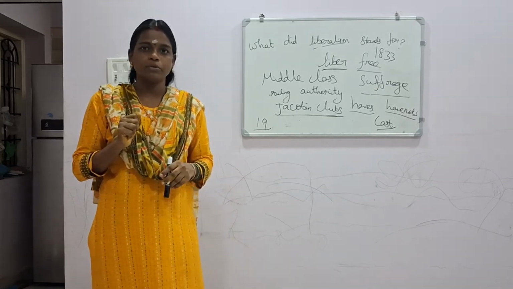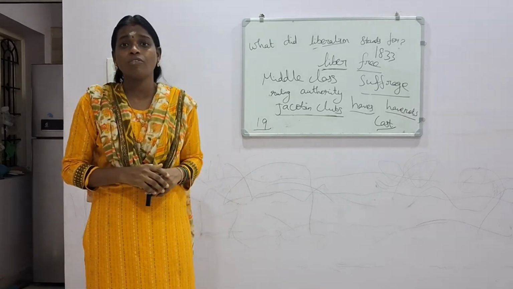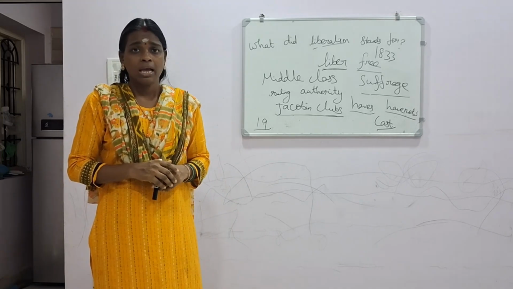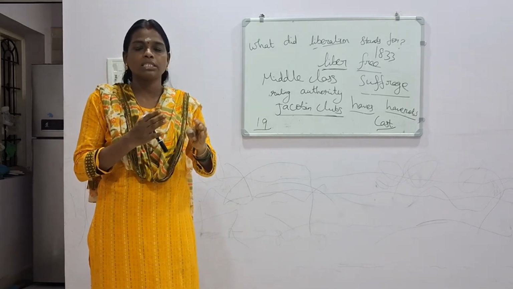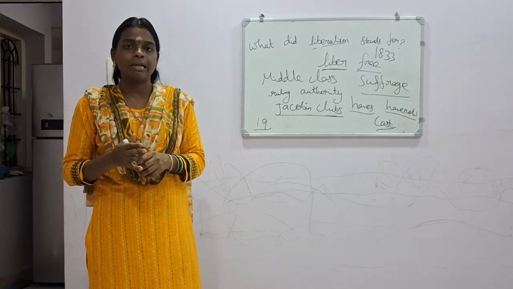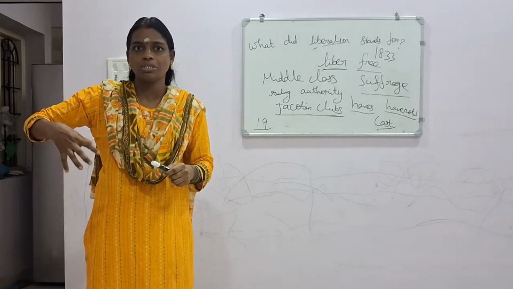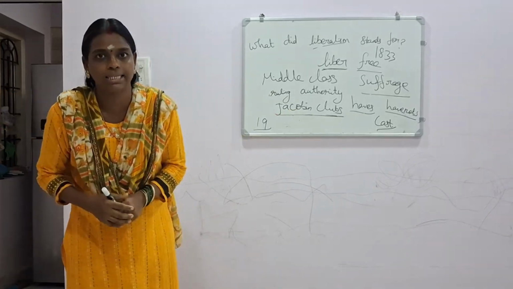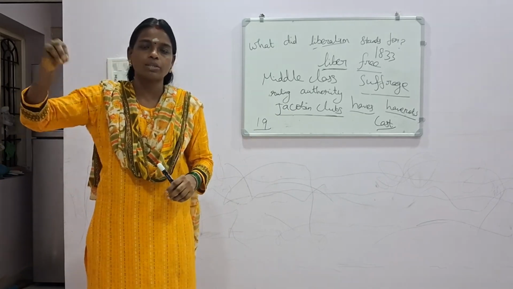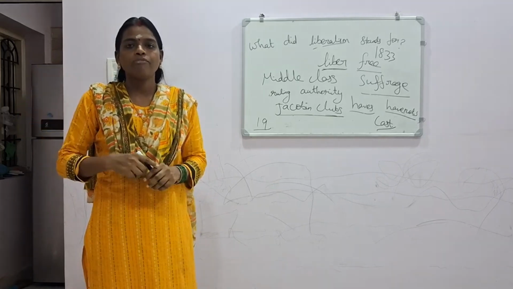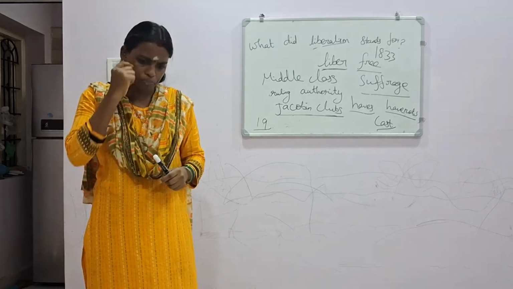Because of the Napoleonic Code, the 39-state Confederation was formed. Many small principalities, small petty kingdoms, joined together and formed a Confederation of 39 states.